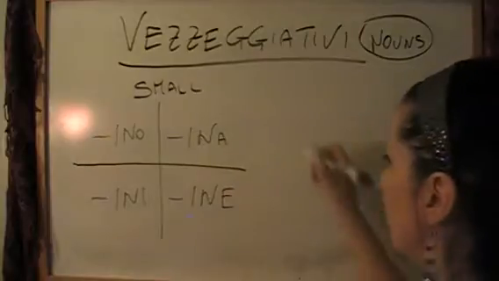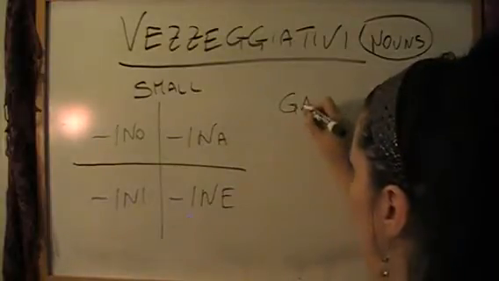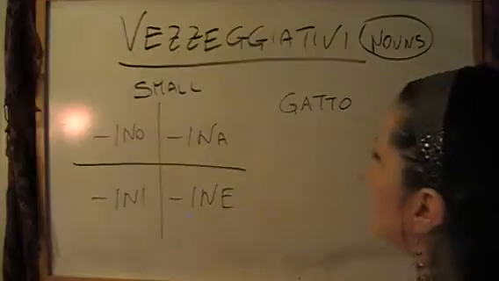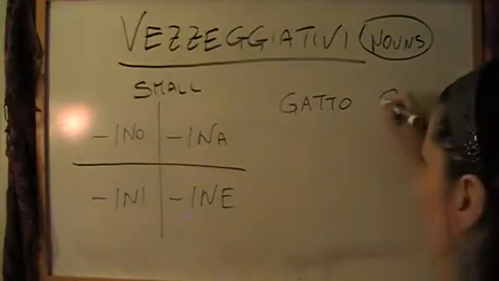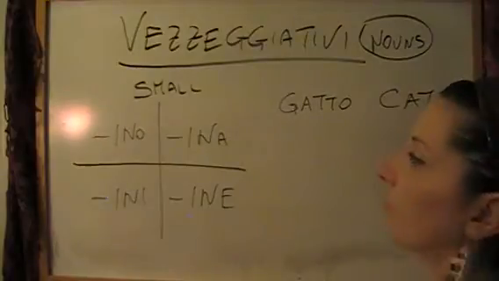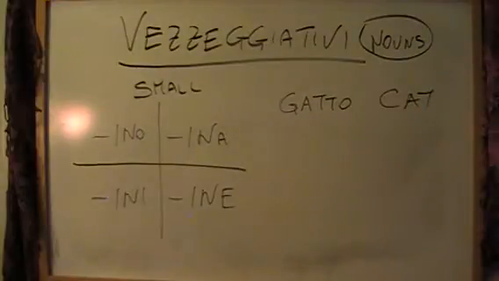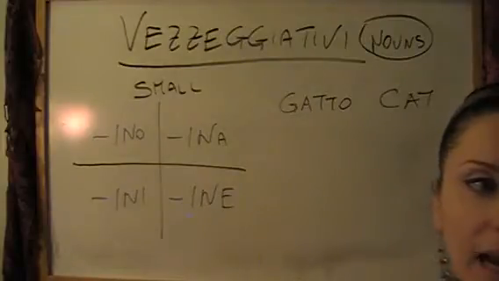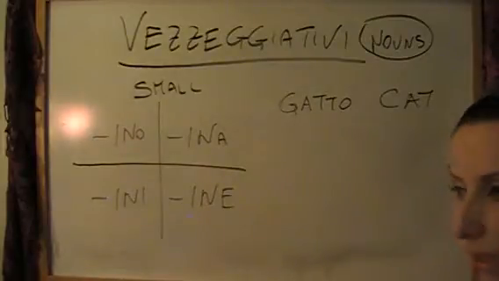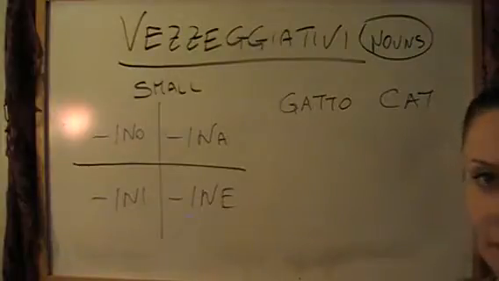Let's see what it is. For example, let's use a very flexible noun: gatto. Gatto means cat. In English, if you want to express the adjective small, you have to say small cat.